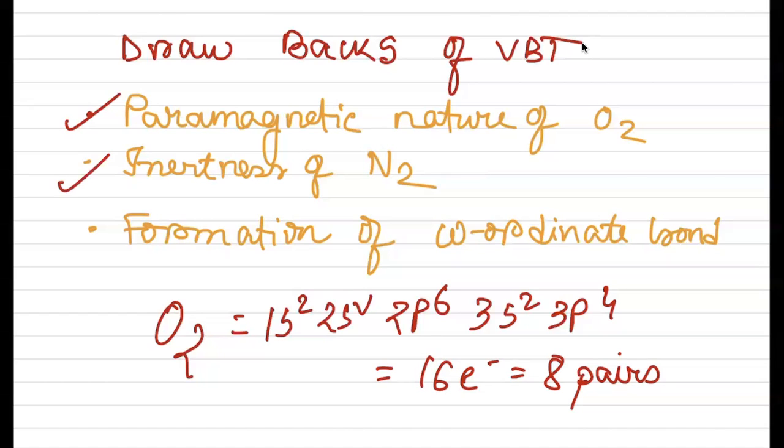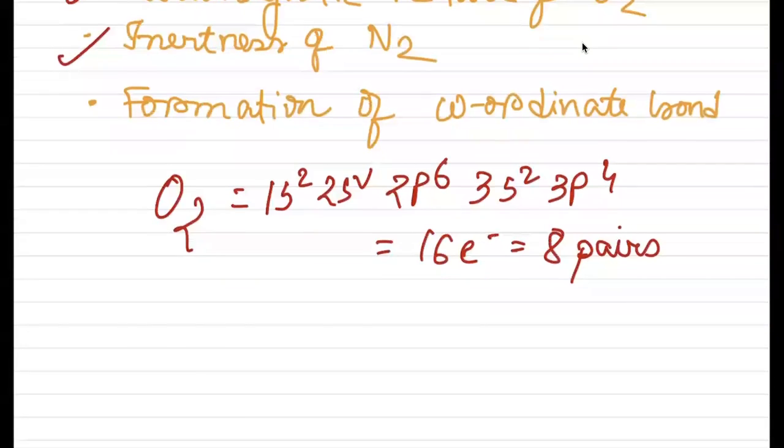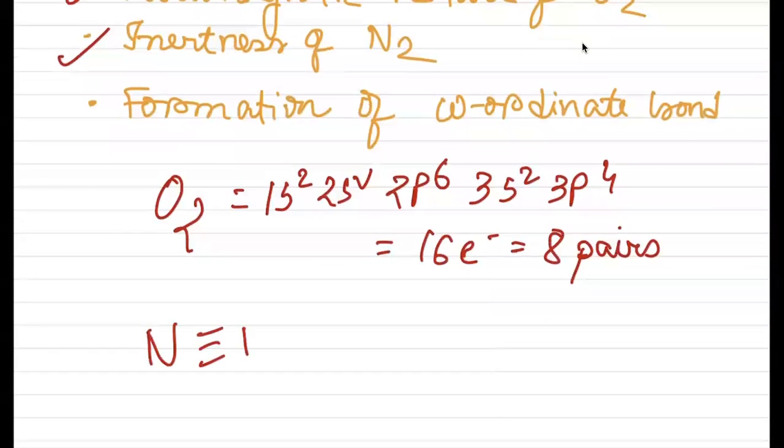Now, next is the inertness of N2. What is the structure of nitrogen gas? A triple bond with one lone pair on each nitrogen. We know that nitrogen gas is inert because our atmosphere has 78% nitrogen.